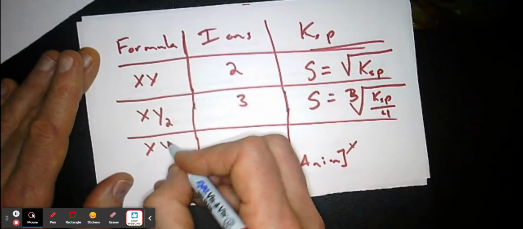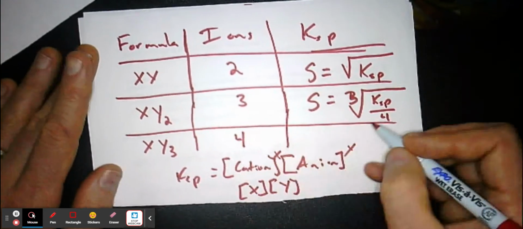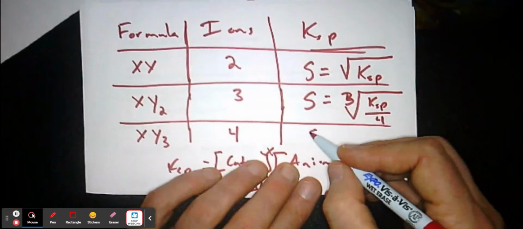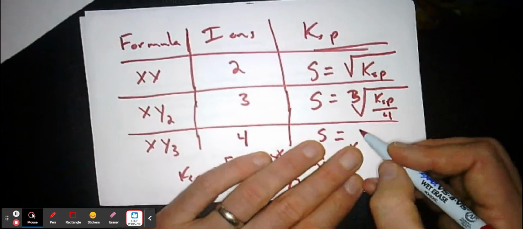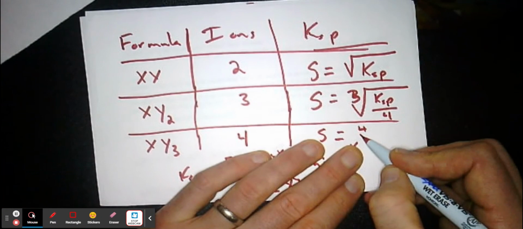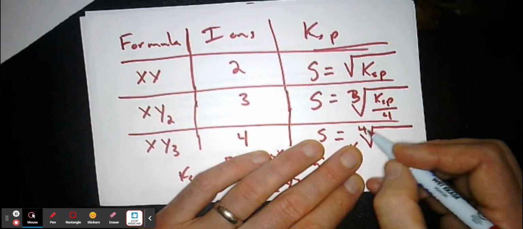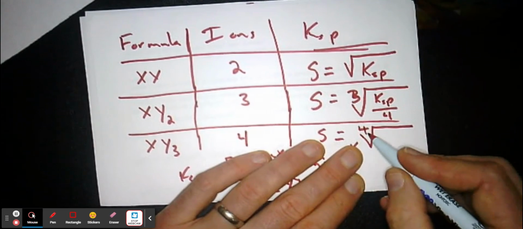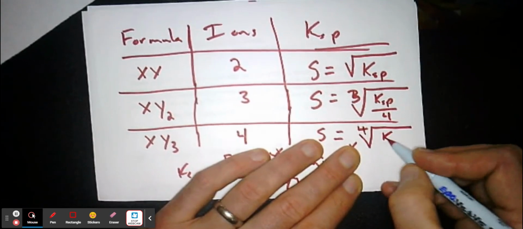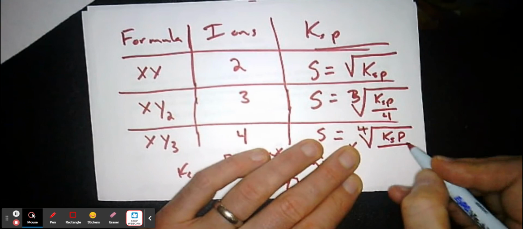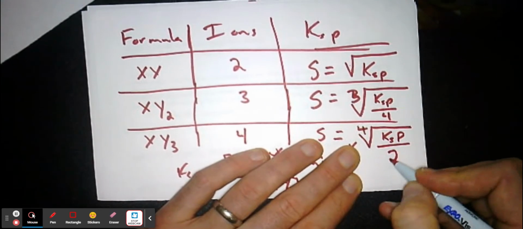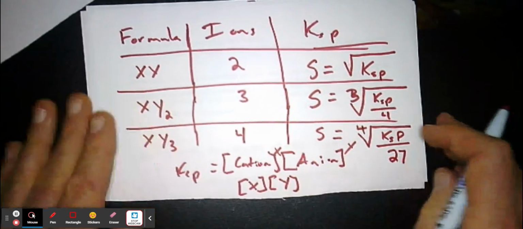If I've got 4 ions, it's the fourth root, I'm not sure what you call that, of the Ksp divided by 27. Just to show you where that comes from.